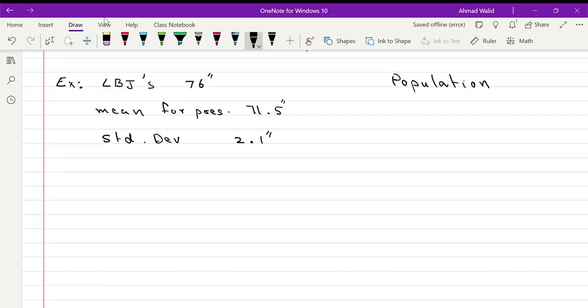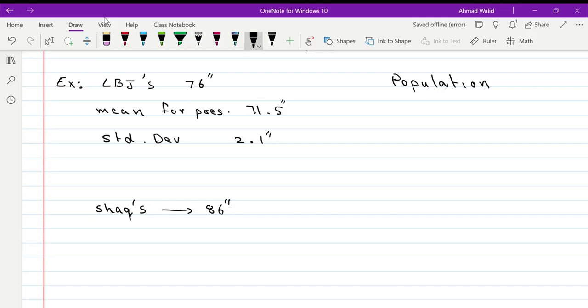The next person selected to compare with is the famous basketball player. You know him better than me, Shaq. Correct? Mr. Shaq, his height is 86 inches. For his team, I think he was playing for the Miami Heat, right?